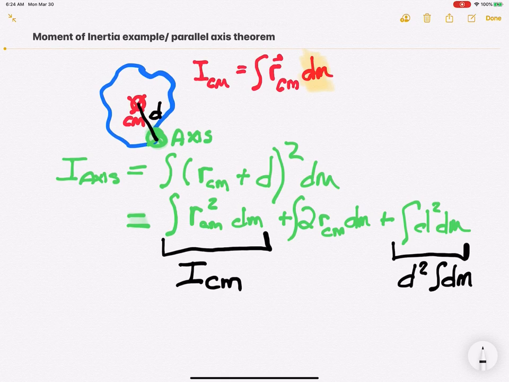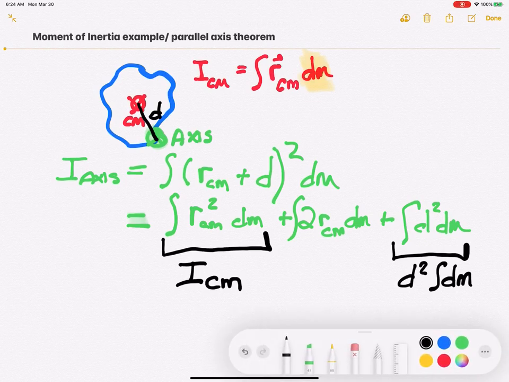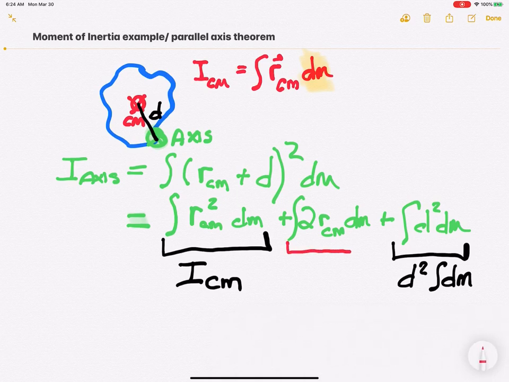And this term in the middle is fun, because if you do the integral, oops, I missed a d up here. Doesn't really matter for the argument, but I should at least be correct.